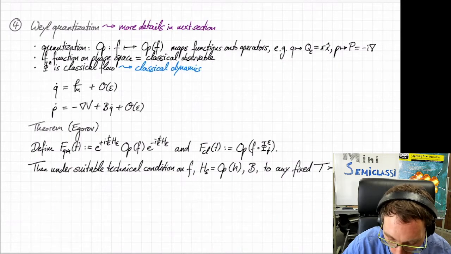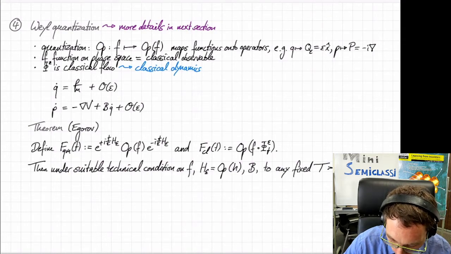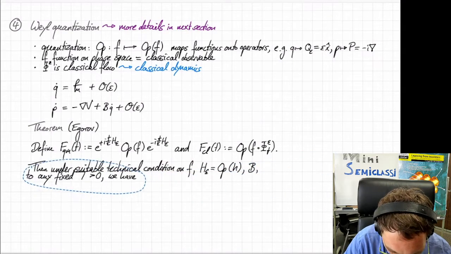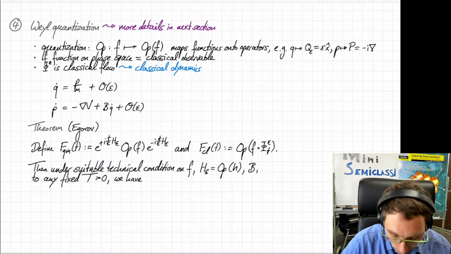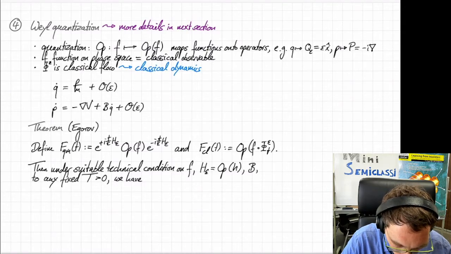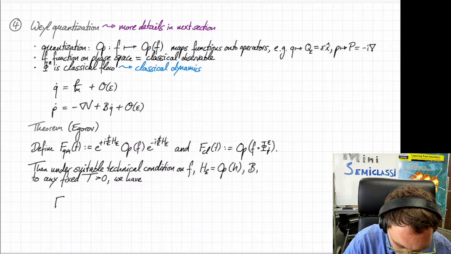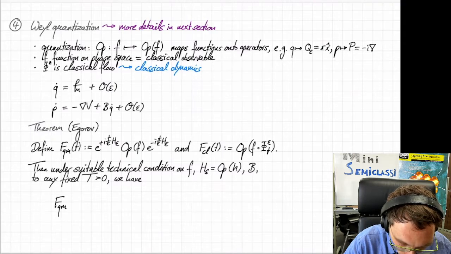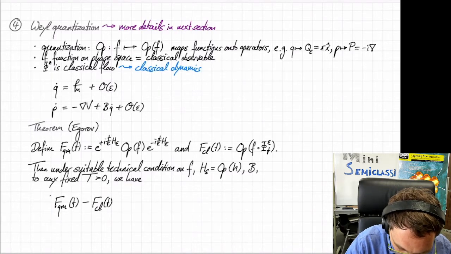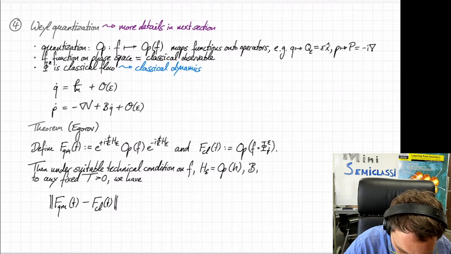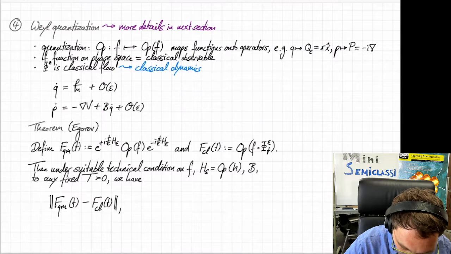I should move this so that this is not covered by my beautiful face again. So we can just take the difference between the quantum mechanically evolved observable and the classically evolved observable. And so this here is, for example, the operator norm.